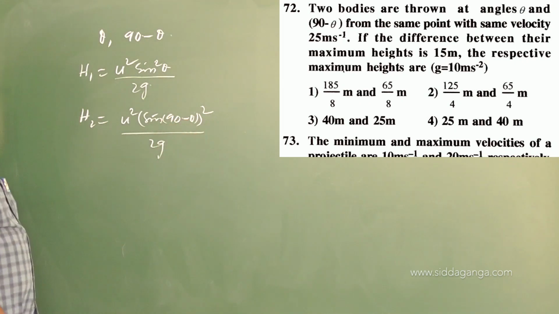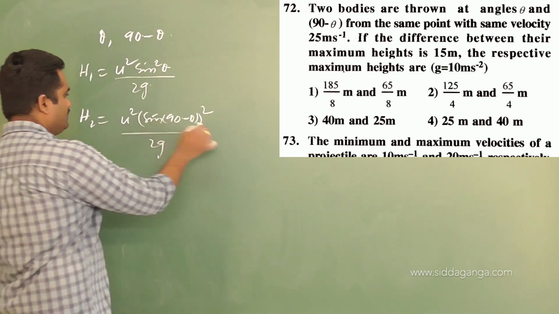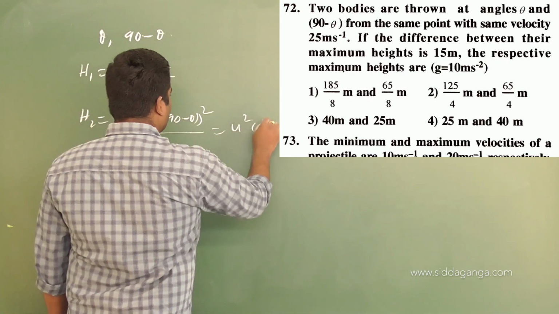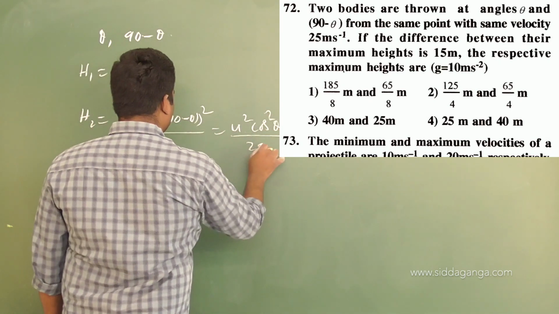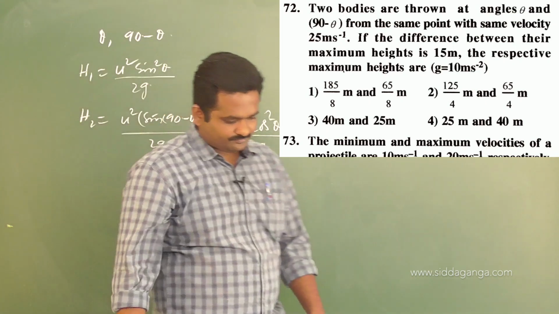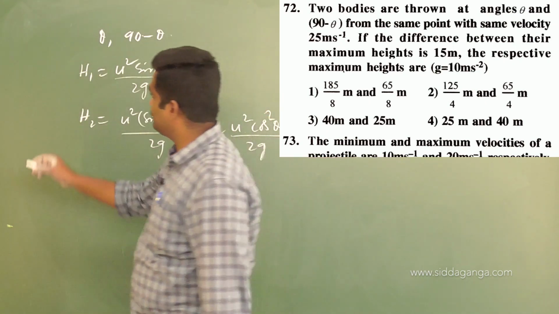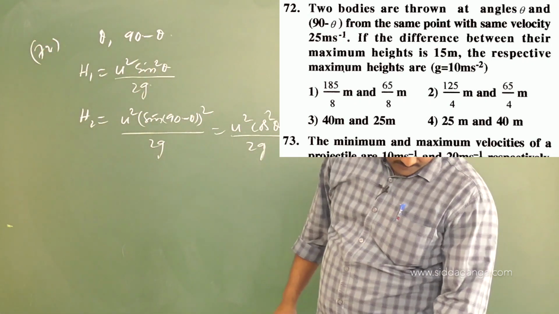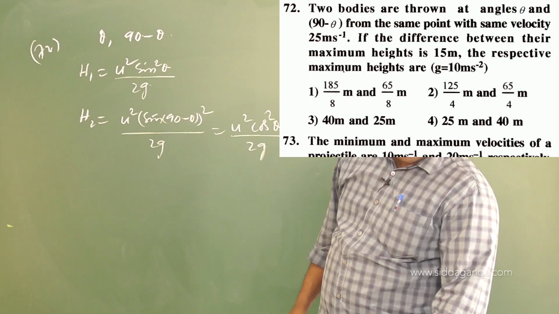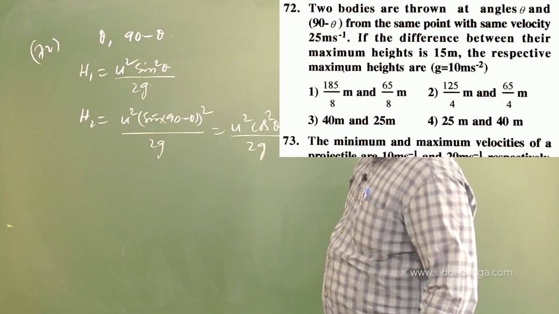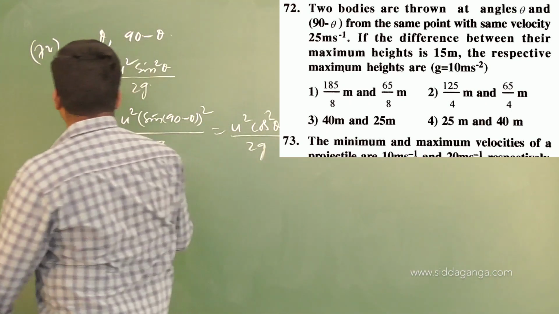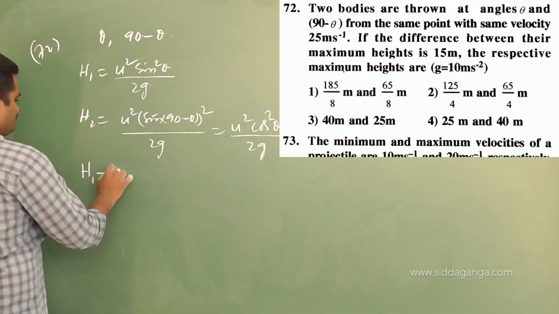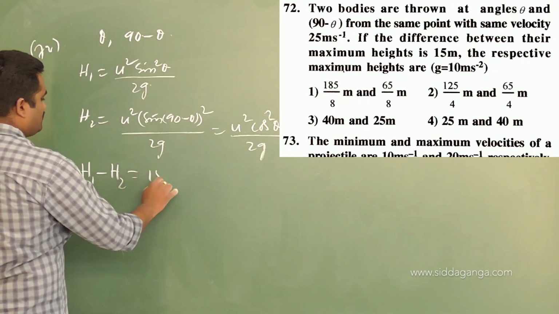Sine 90 minus theta is what? Cos theta, right? So this is u square cos square theta divided by 2g. What they are saying in this problem 72, keep it in mind. The question is, the difference between the maximum heights is 15 meters, so h1 minus h2 equals 15 meters.